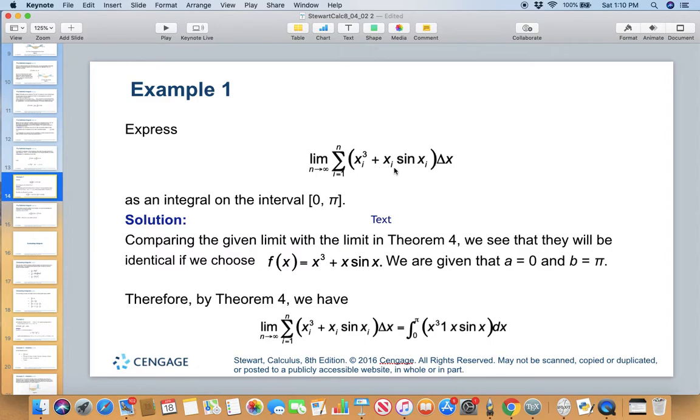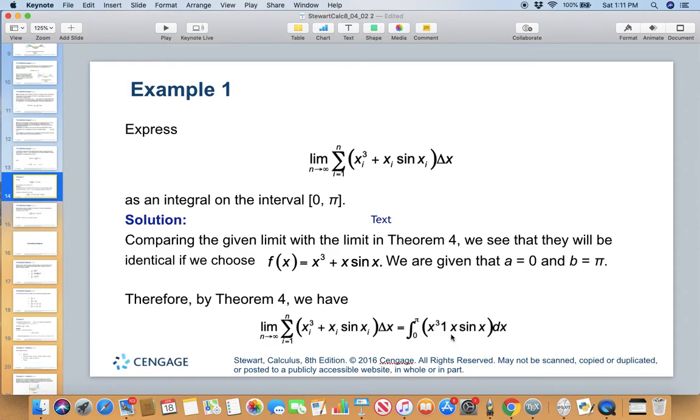For xi cubed and xi sine xi, simply drop the i's to get x cubed plus x sine x. Limit and summation are simply replaced by the integral symbol. How do I know these limits? That's given by my interval. That's how you express this as an integral.